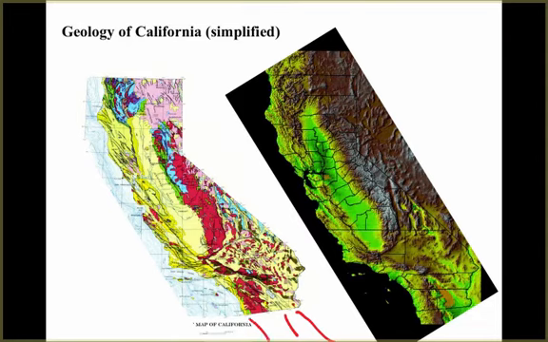comes out of the Gulf of California beneath the Salton Sea, runs east of LA. There's a bend in the fault as it follows north of Los Angeles.